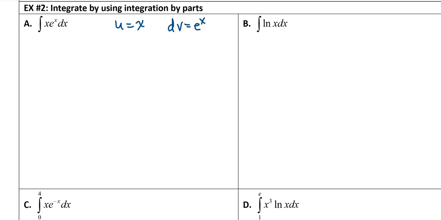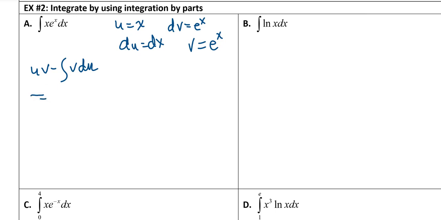And so when we integrate, well, first we're going to take the derivative of u, so du is going to be dx, so that's much simpler. And v is just the antiderivative of e to the x. So now my integral becomes uv minus the integral of v du. And then I just substitute all that in there, and I find the value.